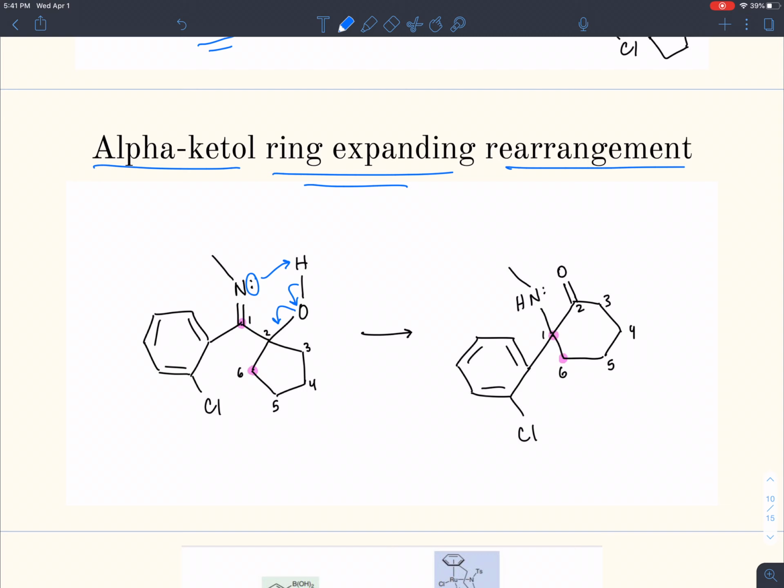So this bond is going to break, forcing the electrons just very temporarily onto carbon 6. This is going to happen so quickly that the carbanion is going to nucleophilically attack carbon 1, which should have a partial positive charge based on the fact that this nitrogen has just grabbed this other proton right here.